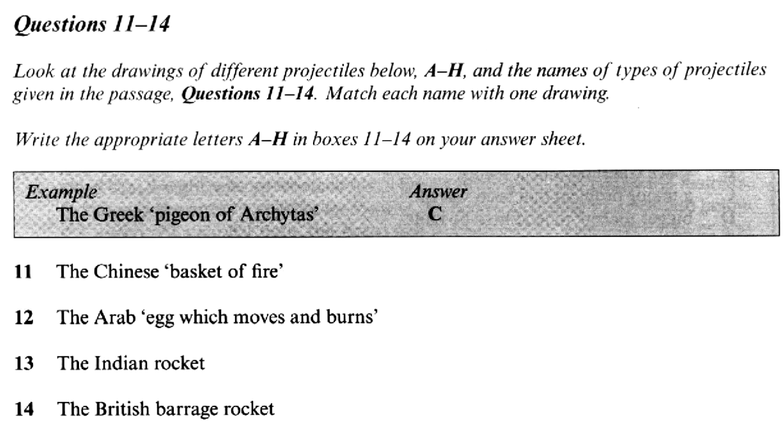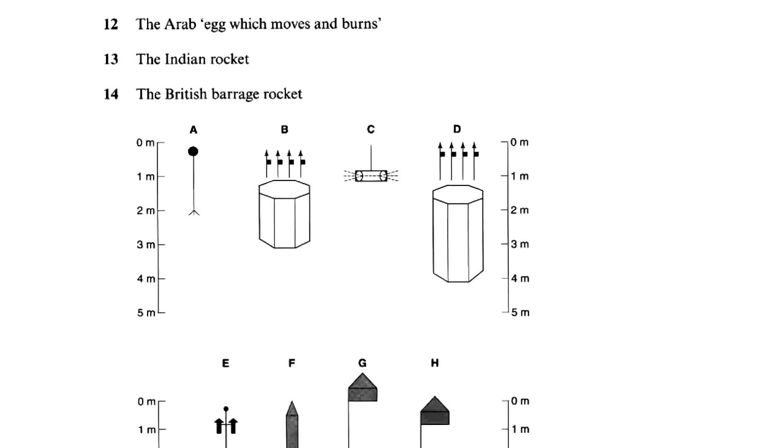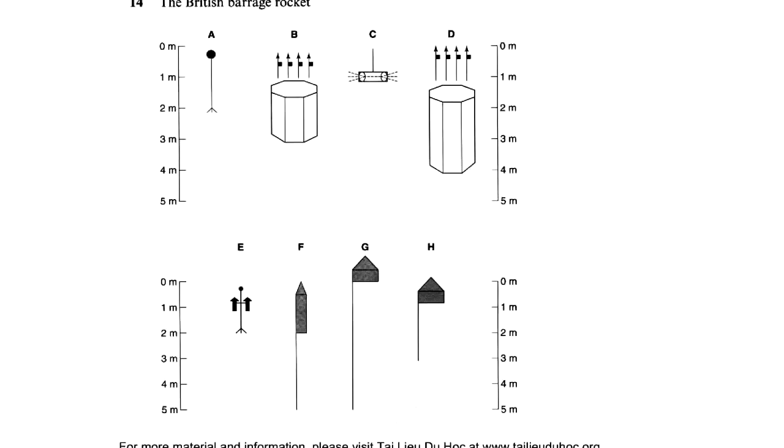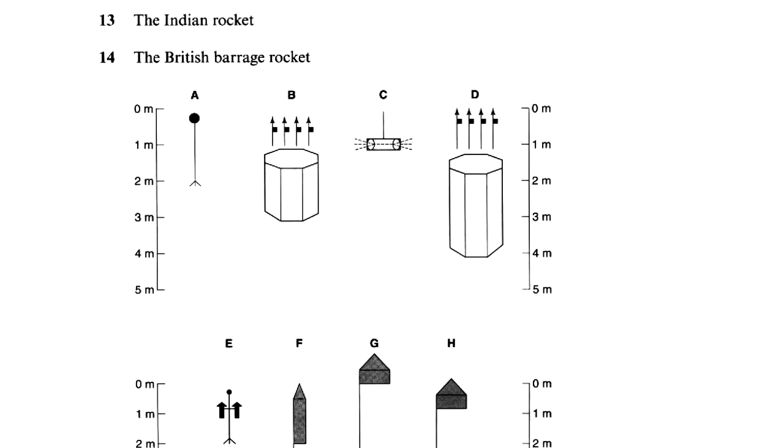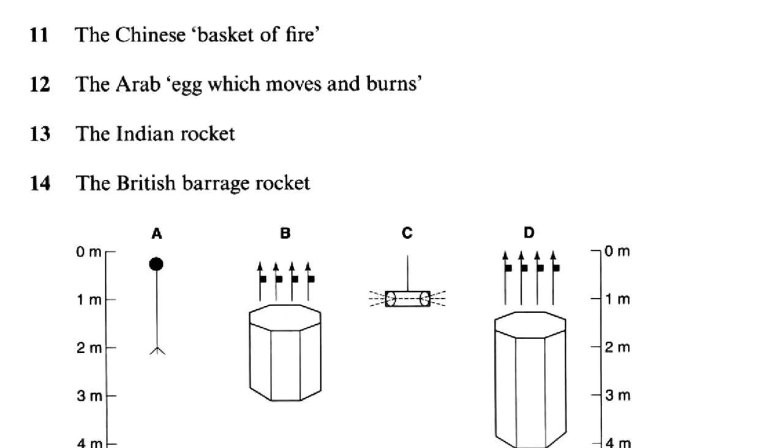This is matching. We've got to match according to information. For example, look at the different projectiles below, A to H, and the names of types of projectiles given in the passage. अब इन जो ये जो projectiles हैं इनकी information passage में दी हुई है. हमारा पहला question में keyword क्या है? The Chinese basket of fire. We will jump into the passage.